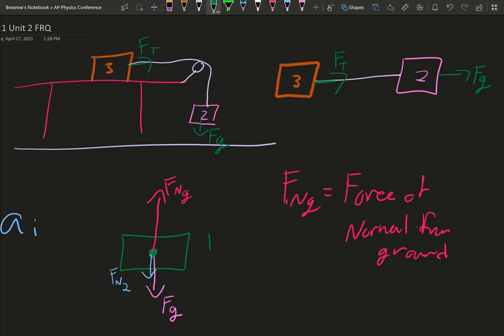The force of gravity is what's causing the whole entire motion. But we also have a force of tension this way. This is where Newton's third law comes into play. For every action, there's an equal and opposite reaction. So that's our whole system here.